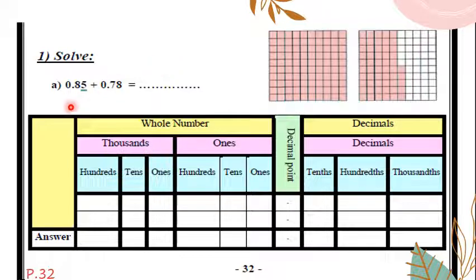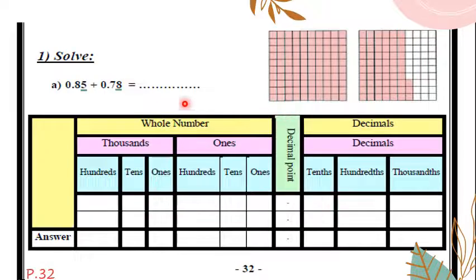Here I finished the first number. Here let me underline the hundredths. So I'm gonna color 8. Count with me. 1, 2, 3, 4, 5, 6, 7, 8.